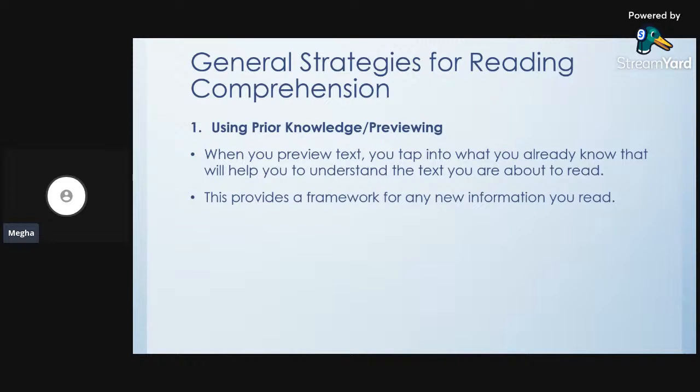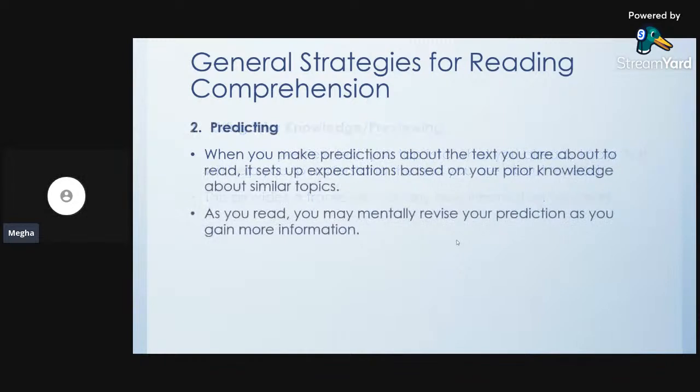When you right away feel that something is important, that it has to be highlighted, that it is a keyword which can be an answer to the given question, when you can identify such keywords and statements right away, it will be easier for you. It will provide a framework, an outlook, for you to answer any given question. That is why we use prior knowledge or previewing. The second one is predicting.